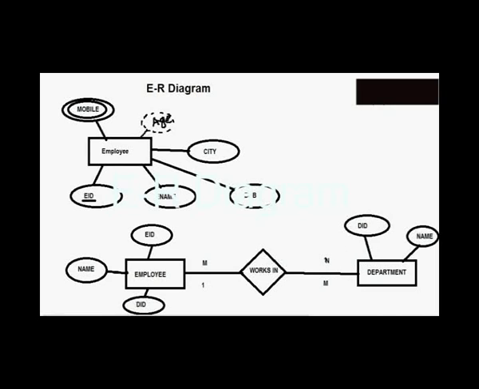So you can have two options. Either you can go by 1:M, where you have one department and multiple employees, or you can write it like this: one employee can work in multiple departments, and in one department you have multiple employees.